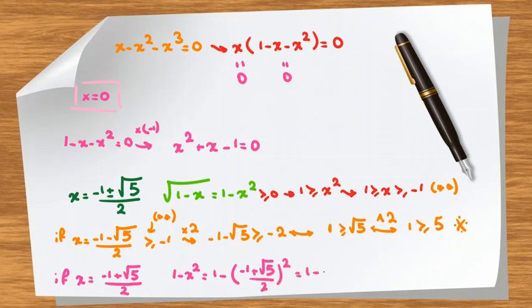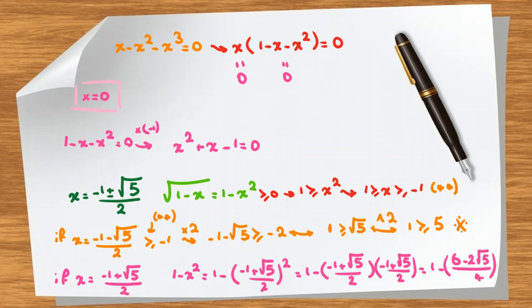If you don't know the formula of raising to the power of 2, you can write it twice. And it will be 1 minus 4, negative 1 times negative 1 is 1, root 5 times root 5 is 5, 5 plus 1, 6, minus root 5 minus root 5, minus 2 root 5.